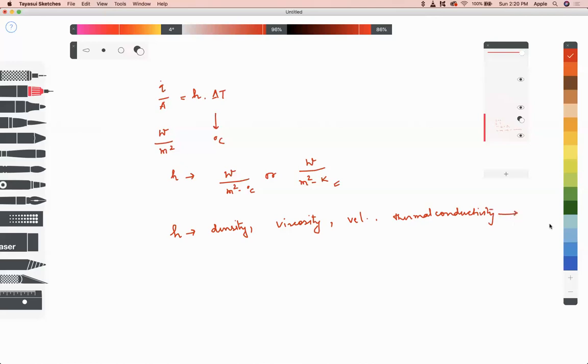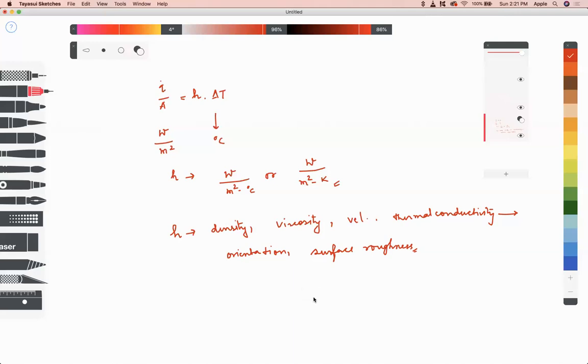There are so many parameters. Also, these are like fluid properties. It can also depend upon the orientation or surface roughness. Okay, so these are not related to any fluid. These are much more related to the solid from which the heat transfer is taking place.